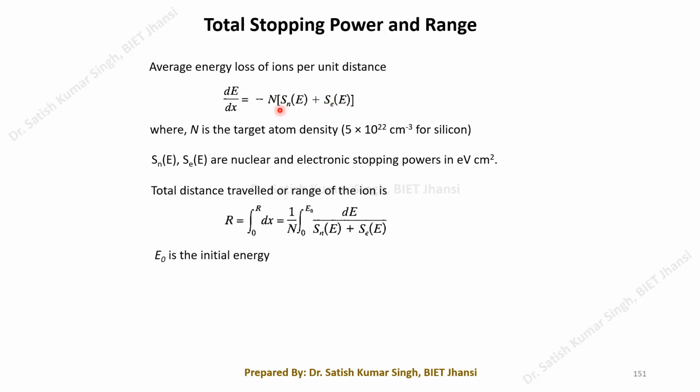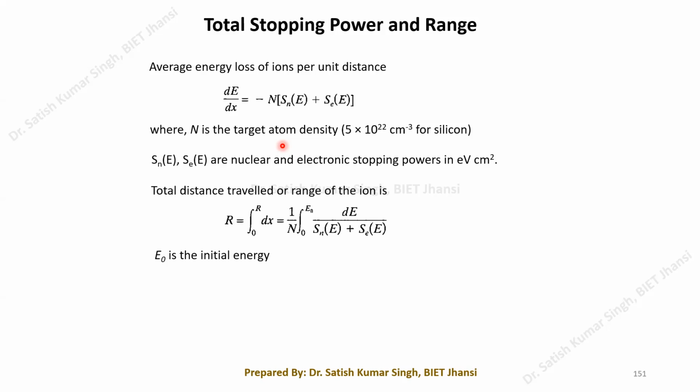That has to be added together, and because we have calculated it for a particular electron, it has to be multiplied by this number n, which is nothing but the atom density of the target. By multiplying this factor, we will be able to calculate the energy lost by your ion beam per unit distance as it travels through your material.